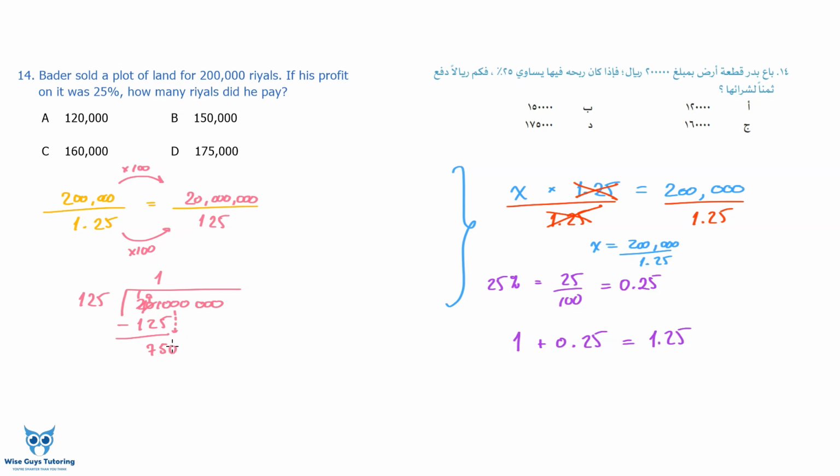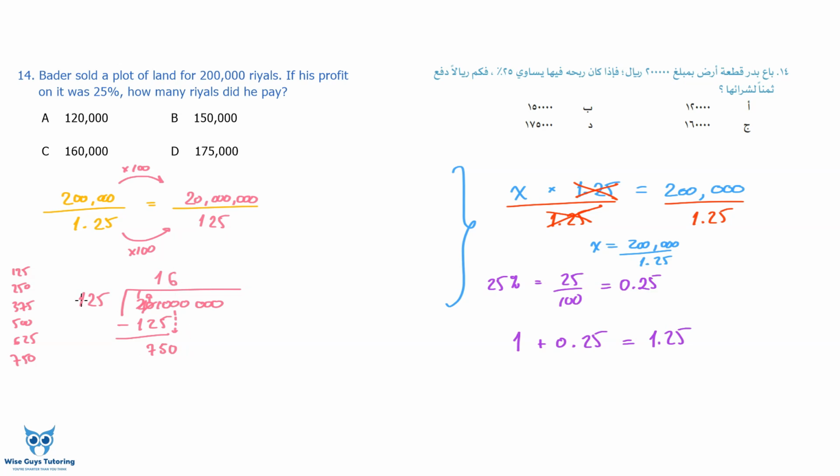Here we go. 750. Now how many times does 125 go into 750? Let me see. Here I can write the multiples of 125. It's 125, then 250, then 375, and then 500, and then 625, and then look at that, 750. So it looks like it goes in there exactly 6 times.